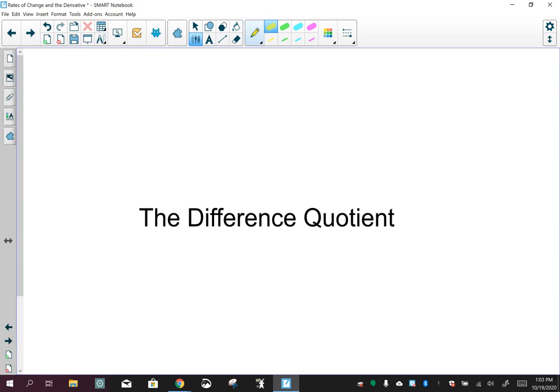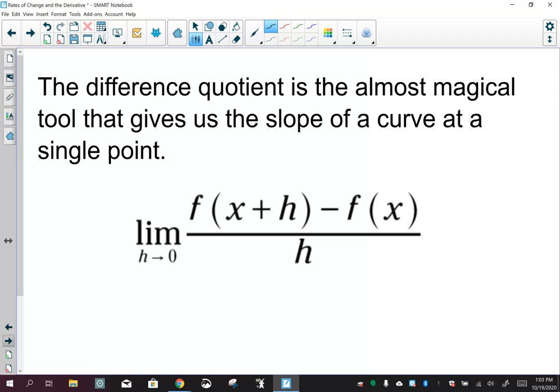So we're going to start off with the difference quotient. Now this is a pre-calc concept. We'd start talking about this in pre-calculus. But the difference quotient is what people would consider a magical tool that gives us the slope of a curve at any single point. With the calculus portion behind it, when we talk about the difference quotient, we usually talk about it in terms of running the limit as h goes to 0.